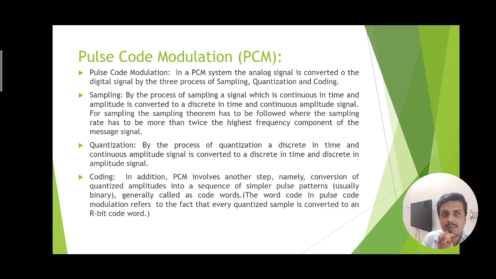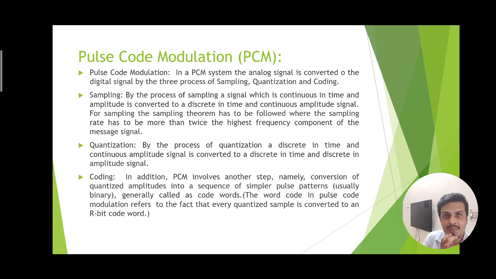So in the pulse code modulation system, the analog signal is first converted into a sampled signal, thereafter it is quantized and finally it is encoded. In the sampling process, we already have seen that a signal which is continuous in time and amplitude is converted to a signal discrete in time but continuous in amplitude.